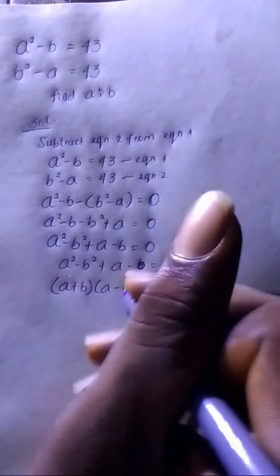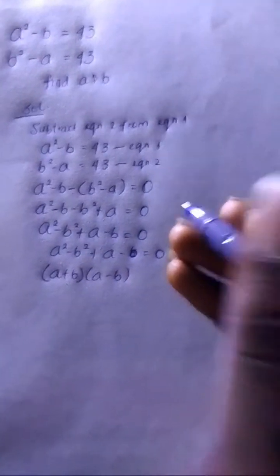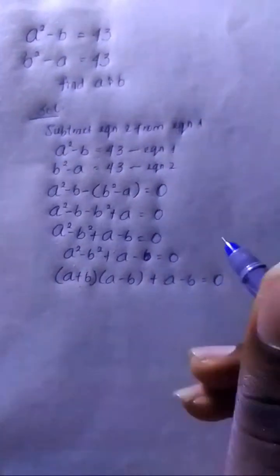a squared minus b squared is a difference of two squares, which is a plus b times a minus b. So from here, a plus b times a minus b, plus a minus b equals 0, right?